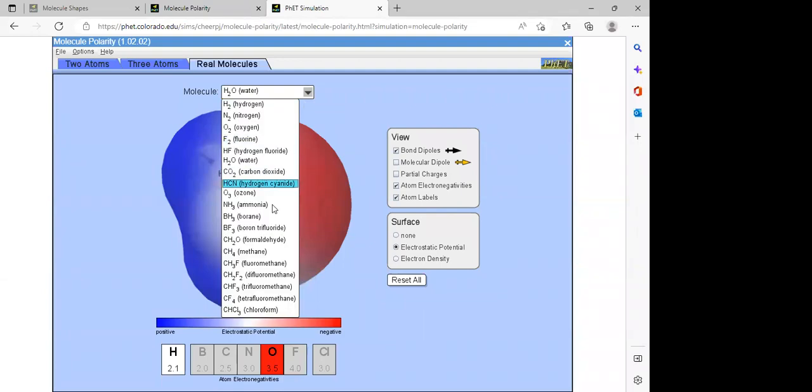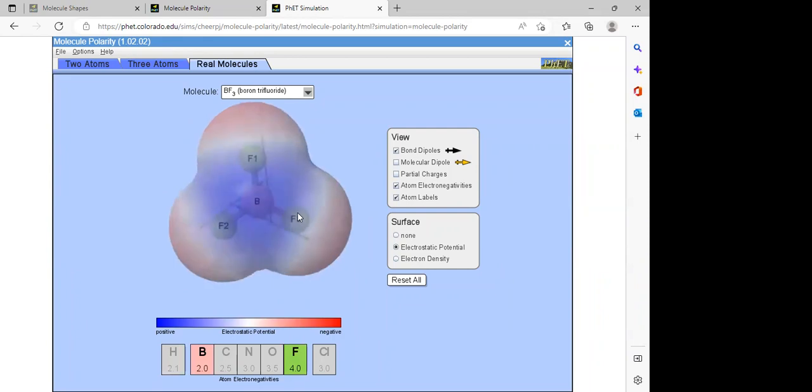All right, let's move our way down. Here is BF3. This is an exception to the octet rule. What do I mean by an exception to the octet rule? Boron is a central atom that only has 6 electrons. That's it.